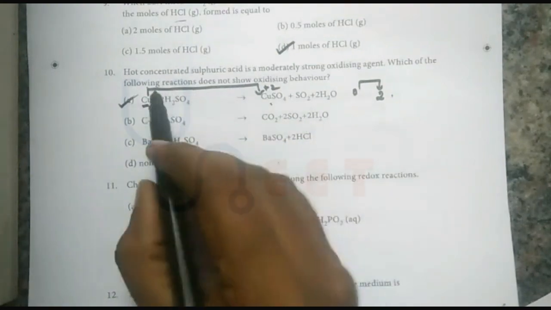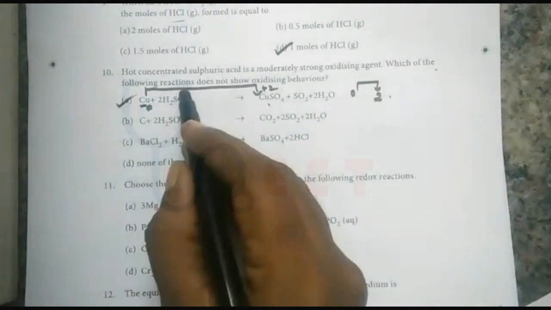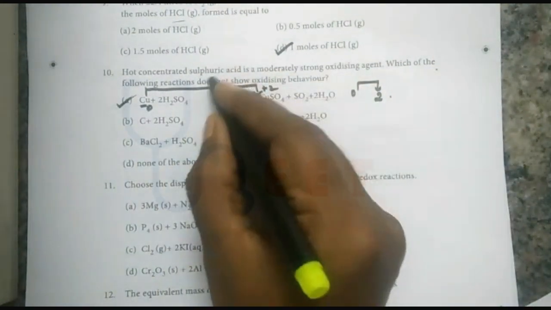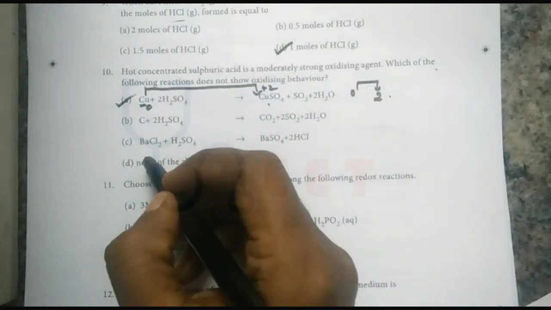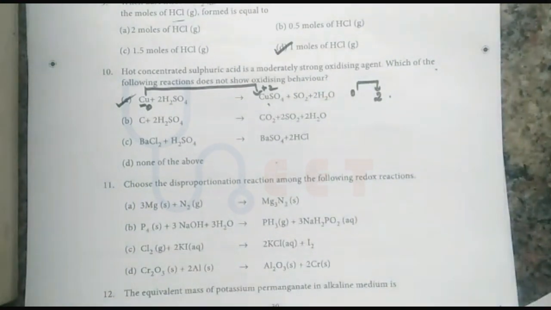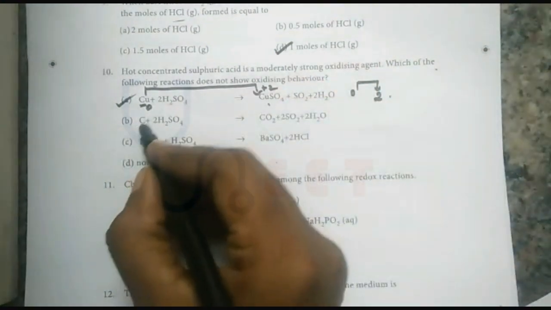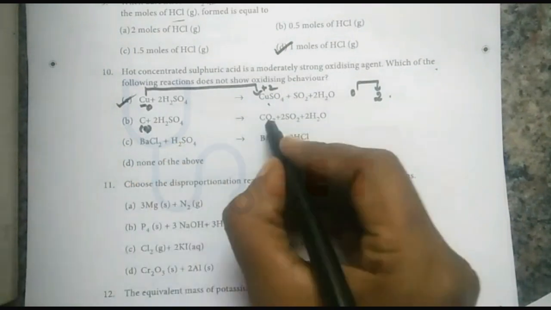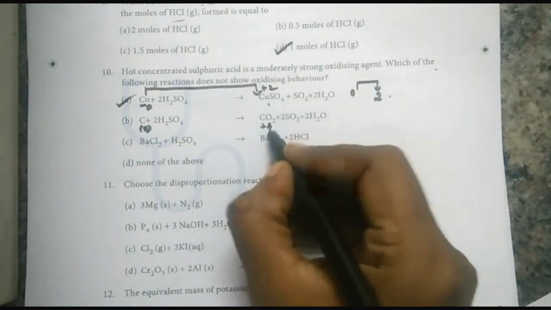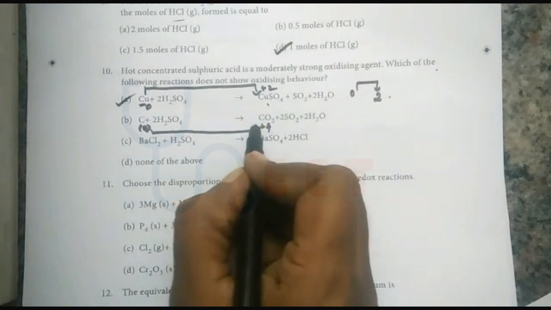Now the question is, which of the following reactions does not show oxidizing behavior? Then second, we have to check each and every option. They are asking which one does not undergo oxidation. Then B, carbon. Carbon in the free state has oxidation number 0. Here the carbon oxidation number is +4, so the oxidation state increases.